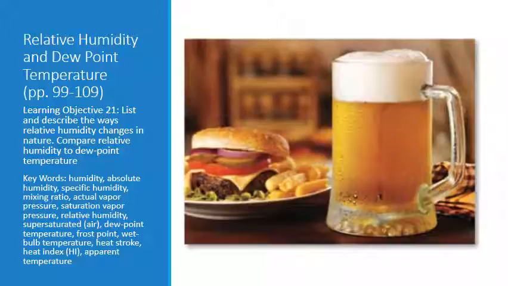The relative humidity is the ratio of air's actual water vapor compared with the amount required for saturation. So it's the amount of moisture that the air contains in the numerator, the upstairs number, and the maximum amount that it can contain in the denominator, the bottom.